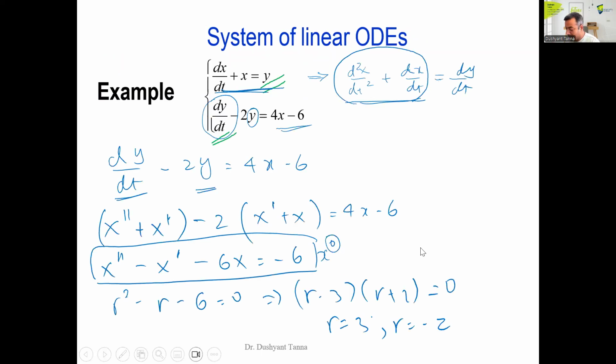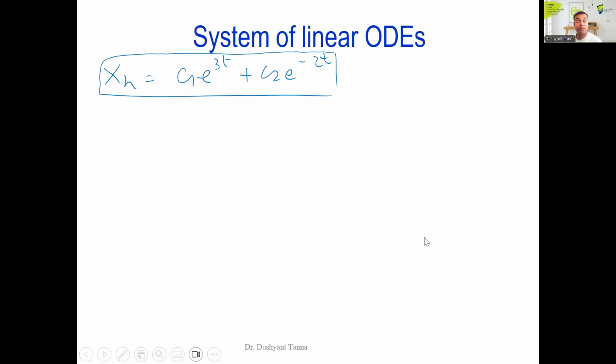Since my n is 0, again we follow the week 6 content. My xp is simply a, because a x to the power n, right? So xp dash or xp double dash will be both 0.